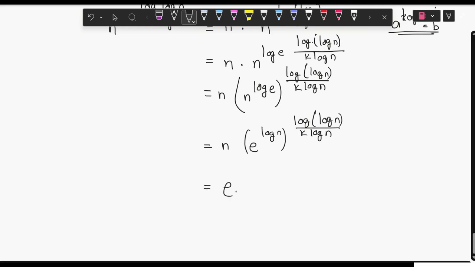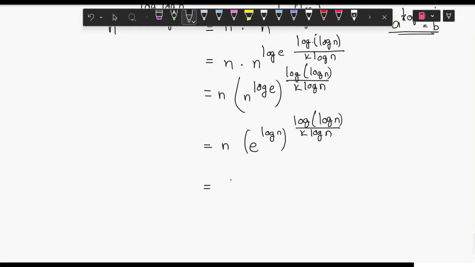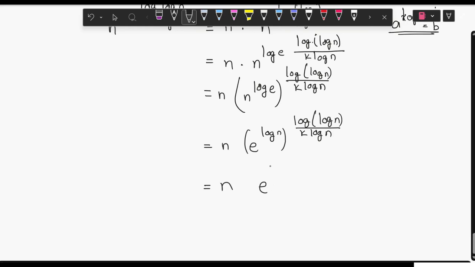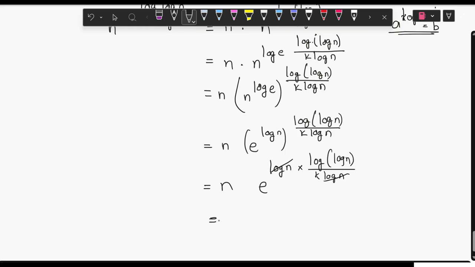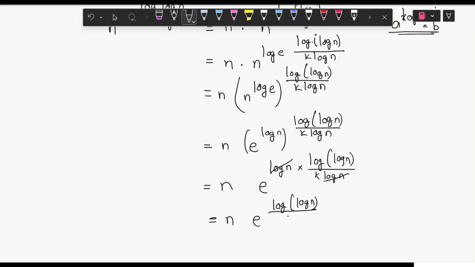Now that can be simplified as n into e to the power log n into log of log n by k log n. So I'm cancelling this log n with log n. So this is equal to n e to the power log of log n by k.